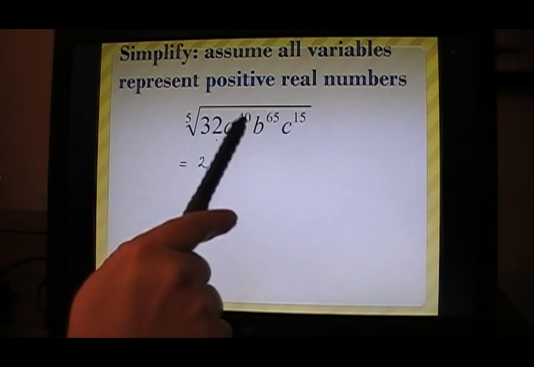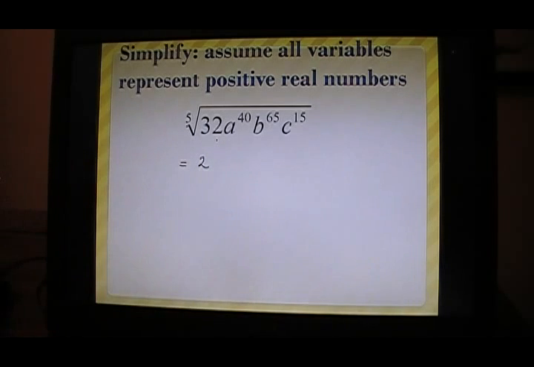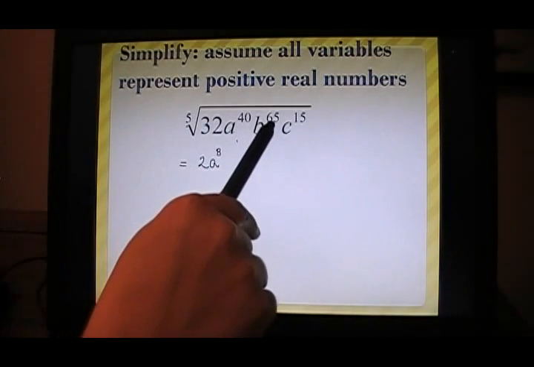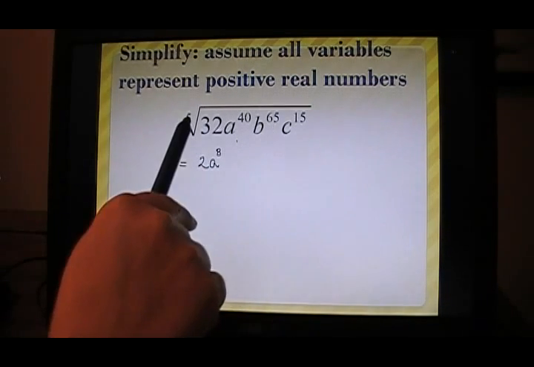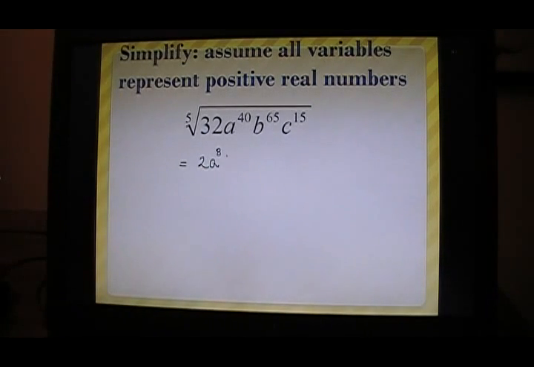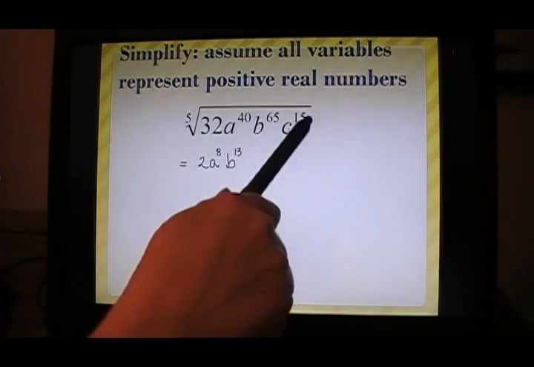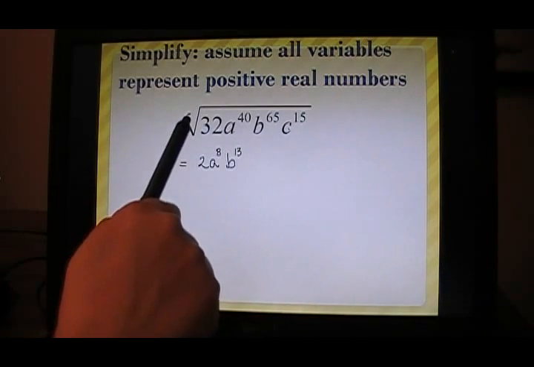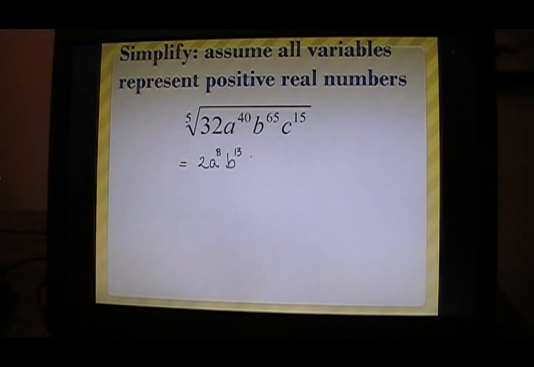So the fifth root of a to the 40th is a to the 8th. The fifth root of b to the 65th, 65 divided by 5 is 13, so this is b to the 13th. And the fifth root of c to the 15th, 15 divided by 5 is 3, so this is c to the third.